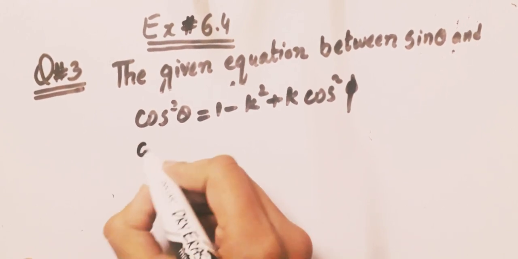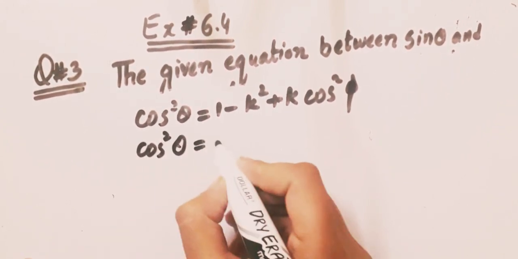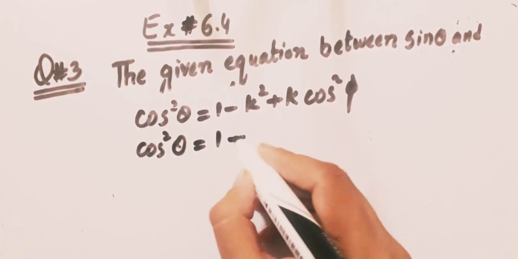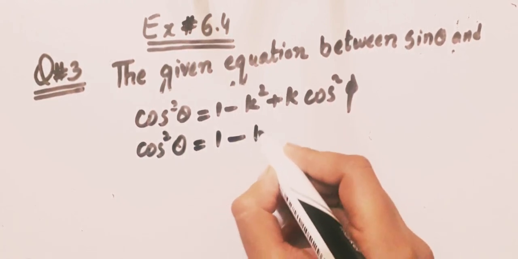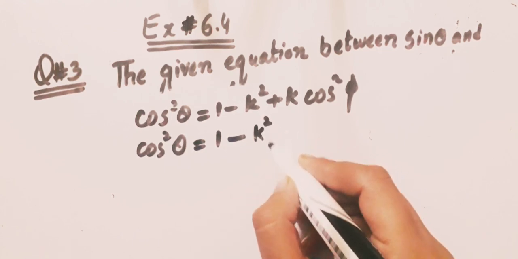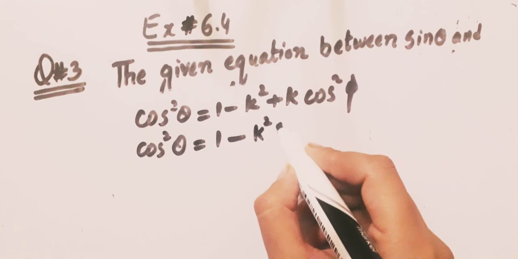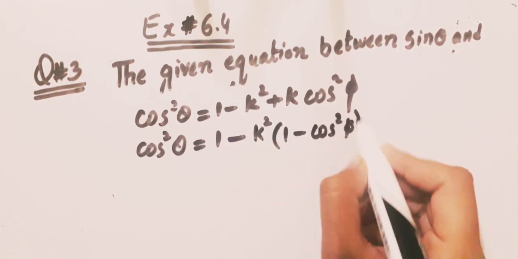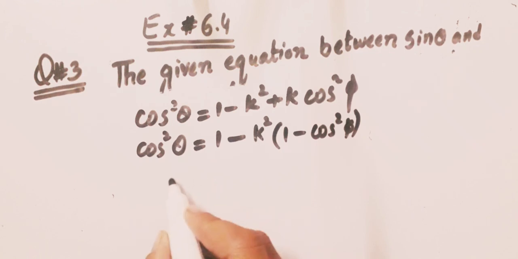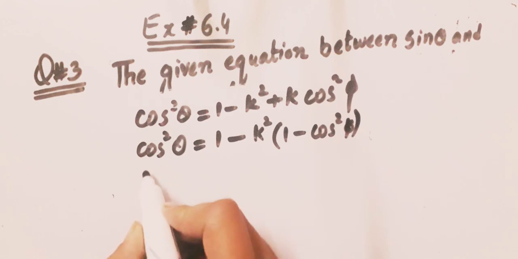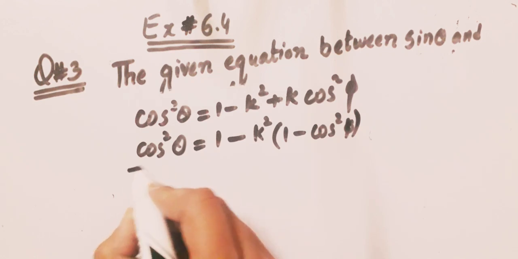Now cos square theta is equal to 1 minus, we will take k square as common. Then we have 1 minus cos square phi. So now we will take the square root on both sides.